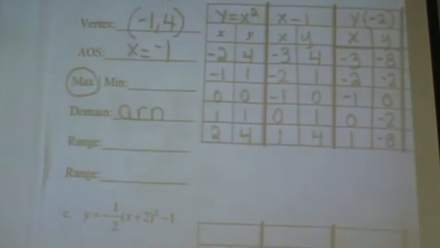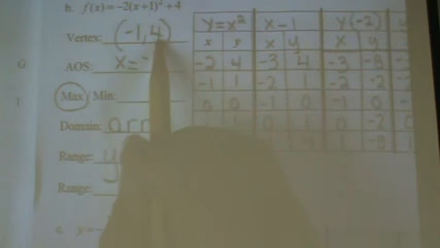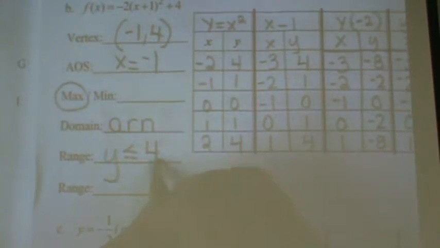Okay? What's the domain? All real numbers. And can you tell me the range? What's this y value? Y is less than or equal to? Look at your y value, 4. And this is a typo right here, ignore that.